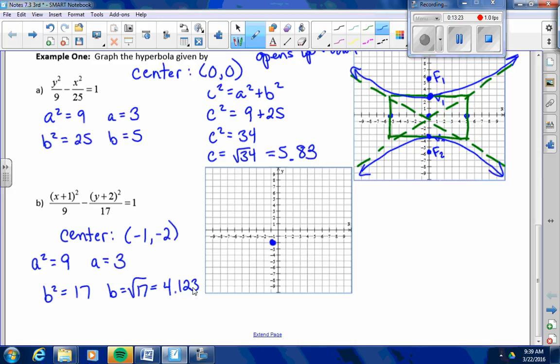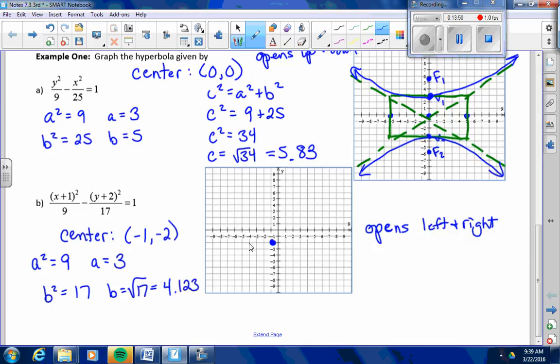Okay, so this time, which direction is the hyperbola opening? Left and right, because why? Because x comes first, and so it's based off of the x-axis. So this opens left and right. So from the center, which direction do I go for A? Left and right, 3 units.